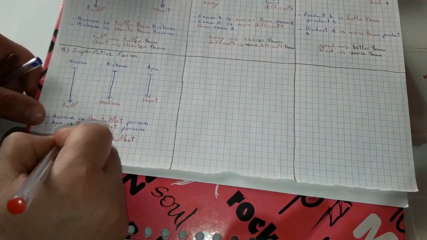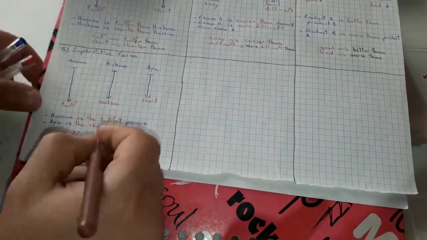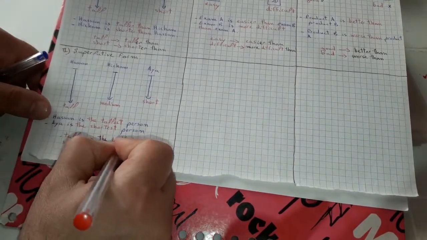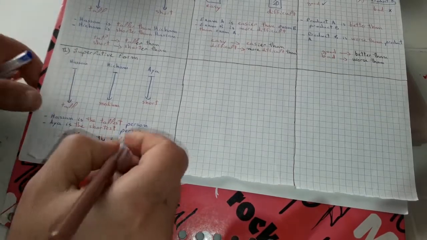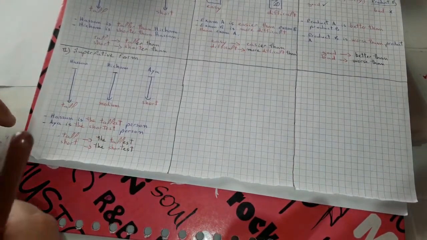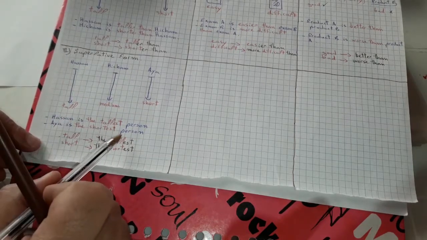And when I have the adjective short, it becomes the shortest. Hassan is the tallest person, Aya is the shortest person.